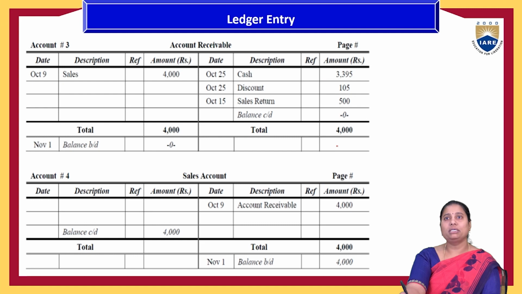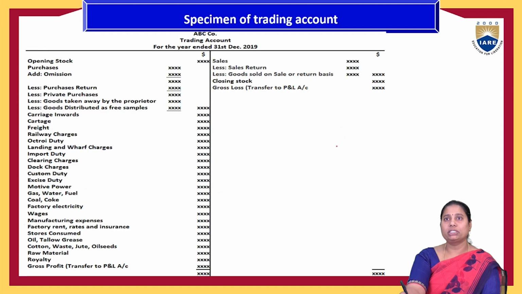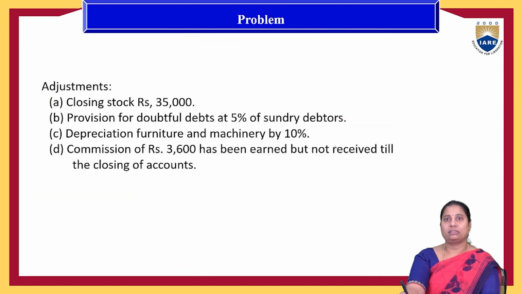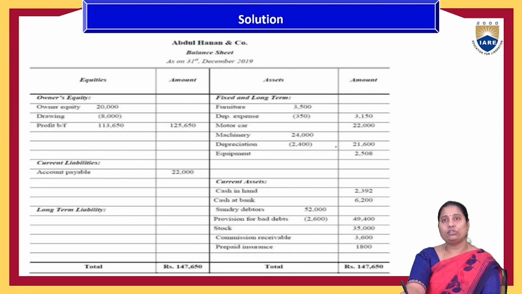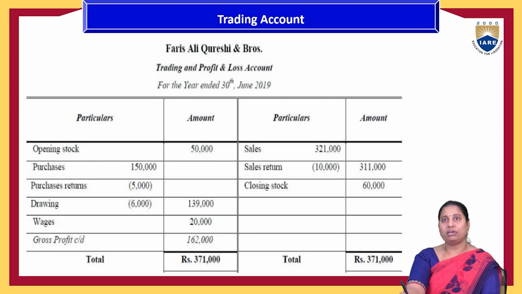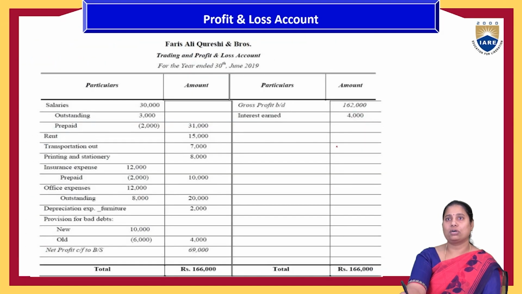So that is about the preparation of journal, ledger as well as the trial balance. Here any adjustments will also be taken into consideration for the preparation of the accounts.